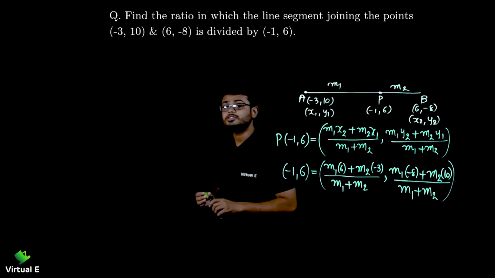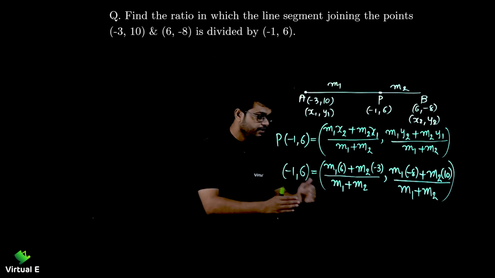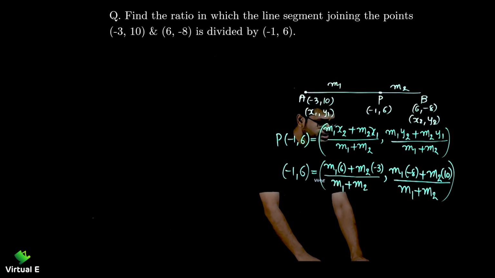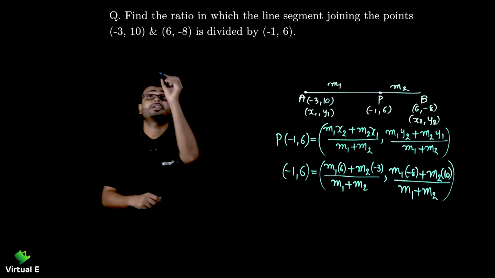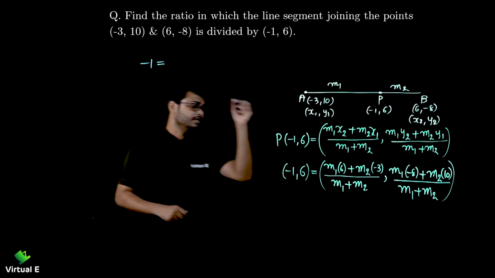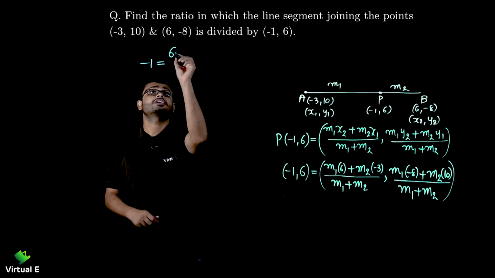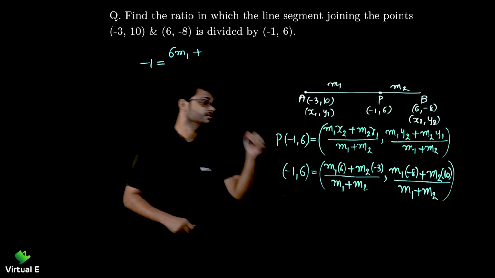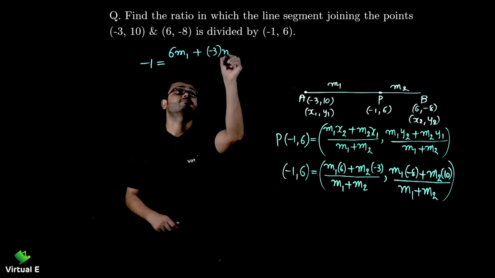So here also we are going to compare x coordinate with the x coordinate, y with the y. So let's start with comparing the x coordinate first. So -1 here. And what is the x coordinate that side? That is 6m1 plus -3m2. Okay, -3m2.